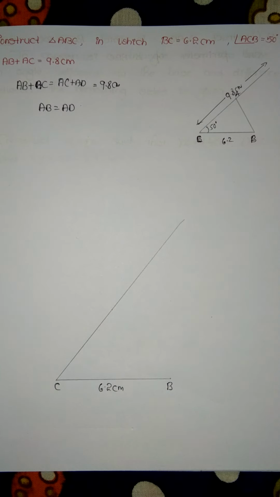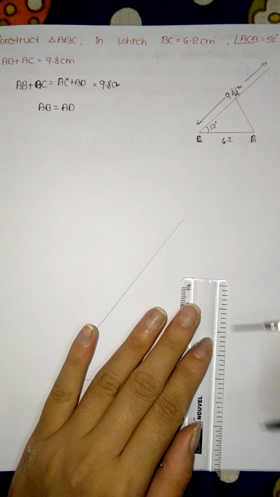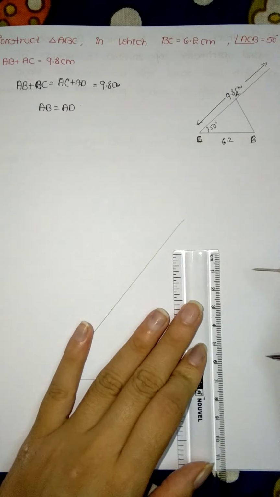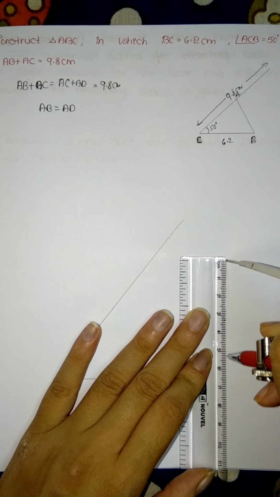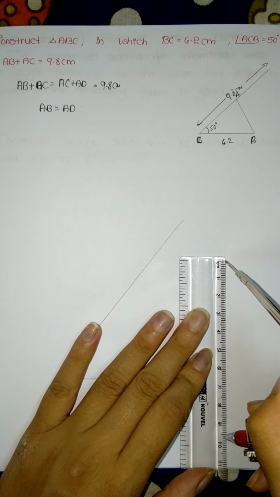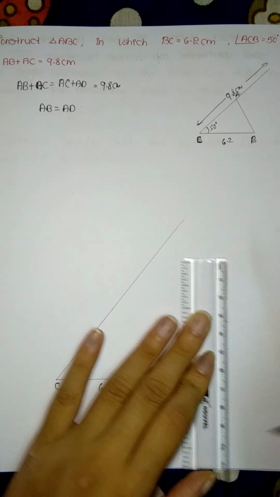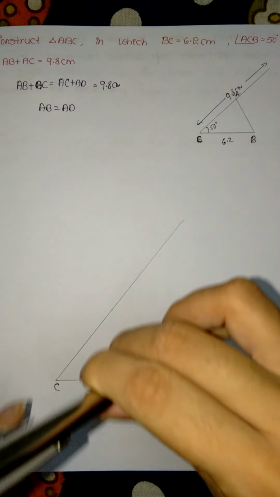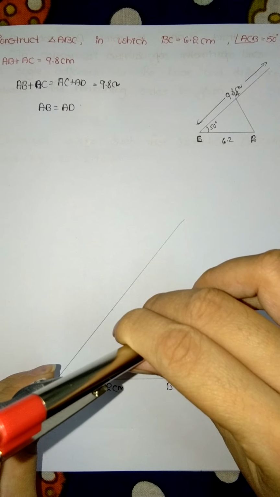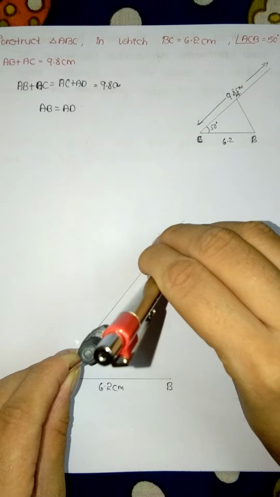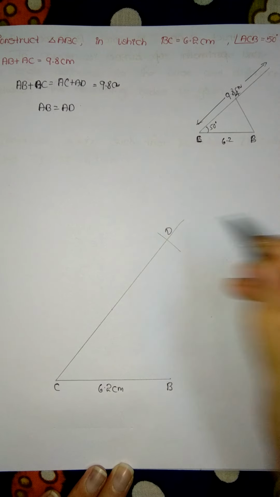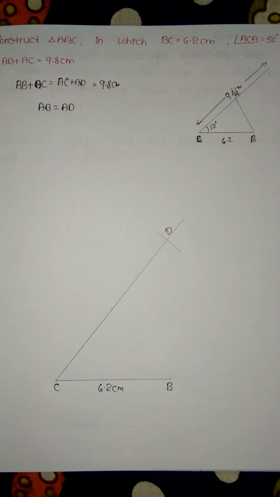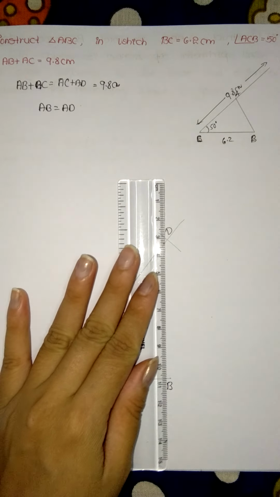Now take the measurement 9.8 because AB plus AC is 9.8 centimeter. And keep it in C and cut the point and give a name as D. Now join this D and B.